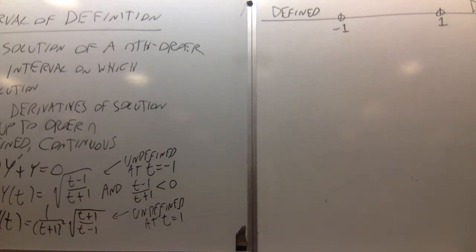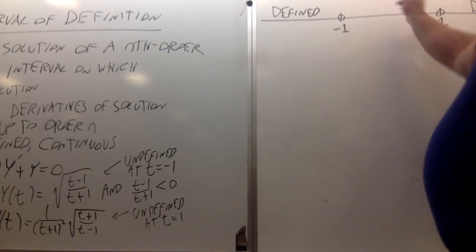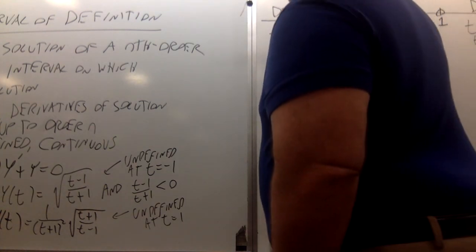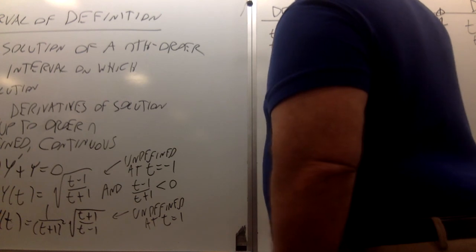But what happens in between? Right here we have t minus 1 positive, t plus 1 positive, so everything's okay. Here we have t plus 1 negative, t minus 1 negative.